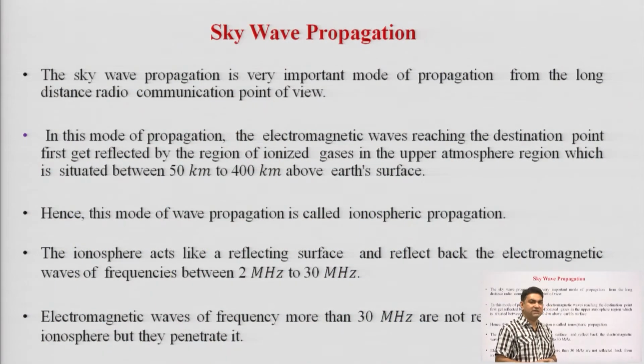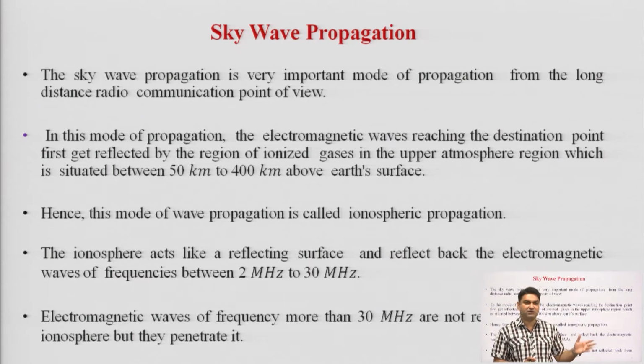As I was discussing, sky wave propagation is a very common type of propagation, which was the extension of ground wave or surface wave propagation, where we utilized frequencies up to 2 megahertz only.